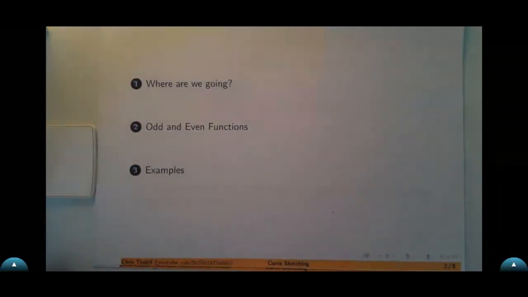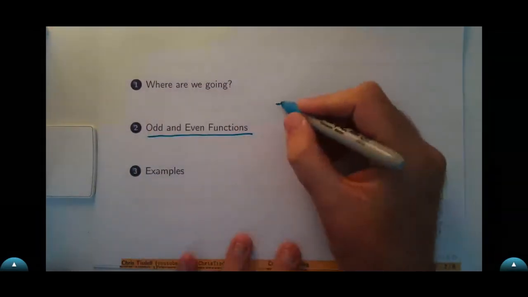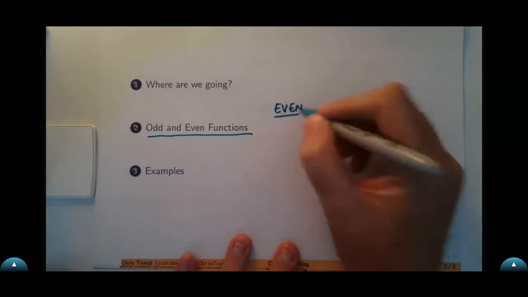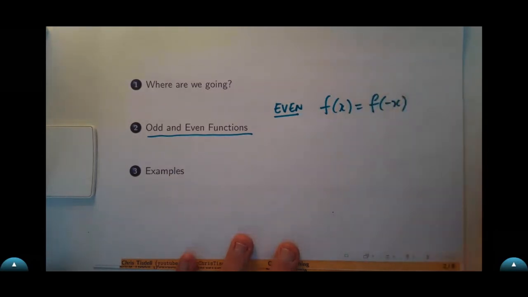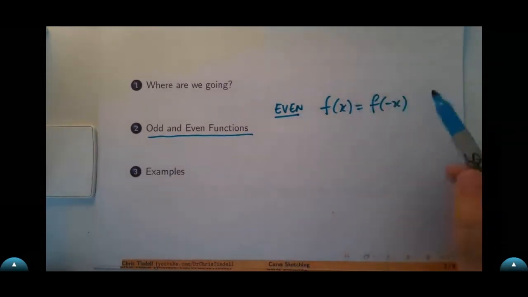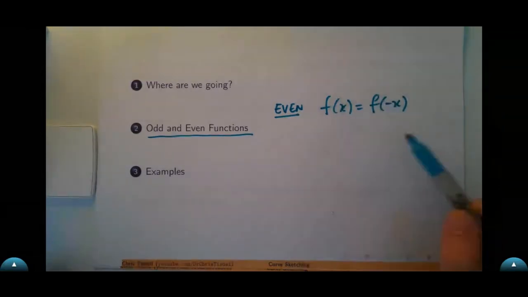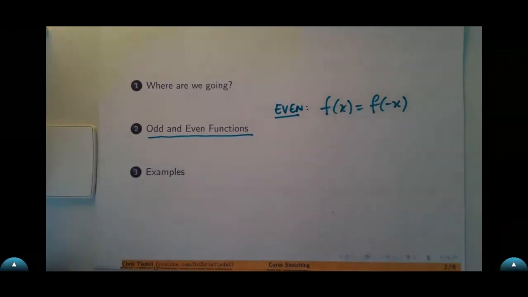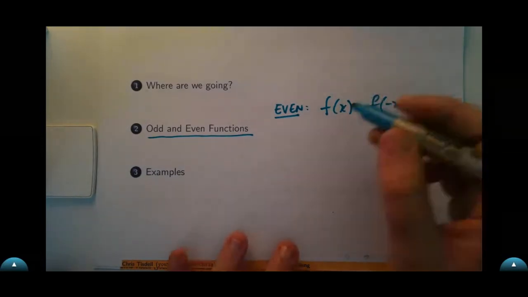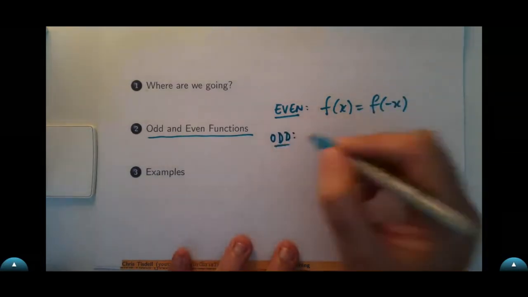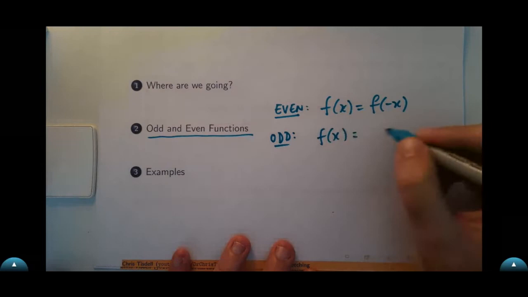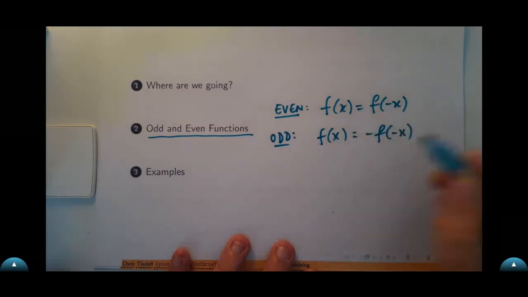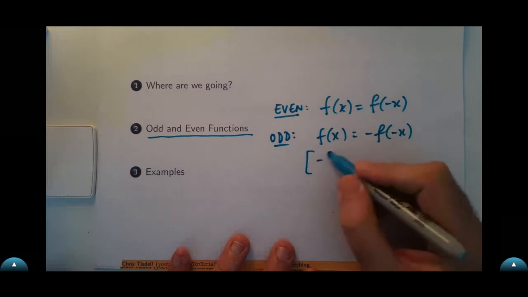We're also going to look at these odd and even functions. We say that a function's even if it has this sort of algebraic relationship. There is an easy geometric way to understand even functions, but this is what we can start with. And you can talk about an odd function, f of x equals negative f of negative x, or if you want to put the minus sign on the other side, that's fine too.